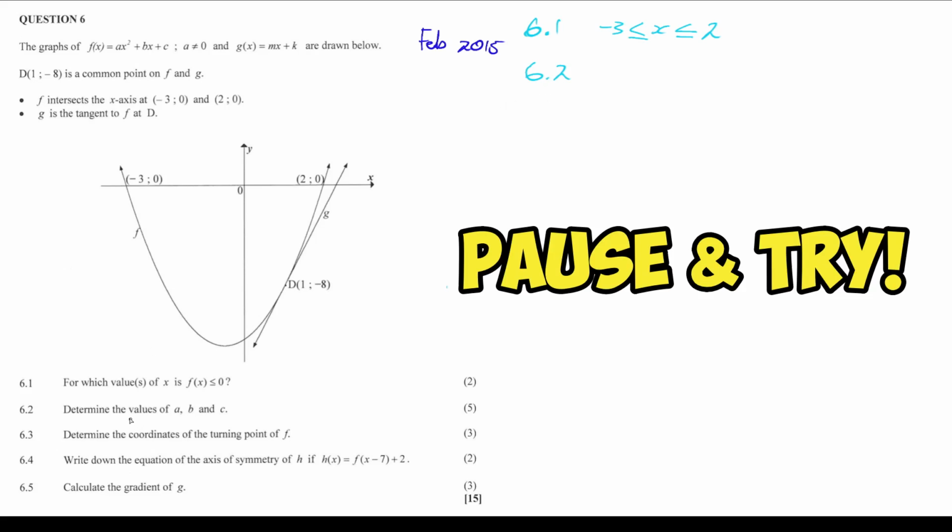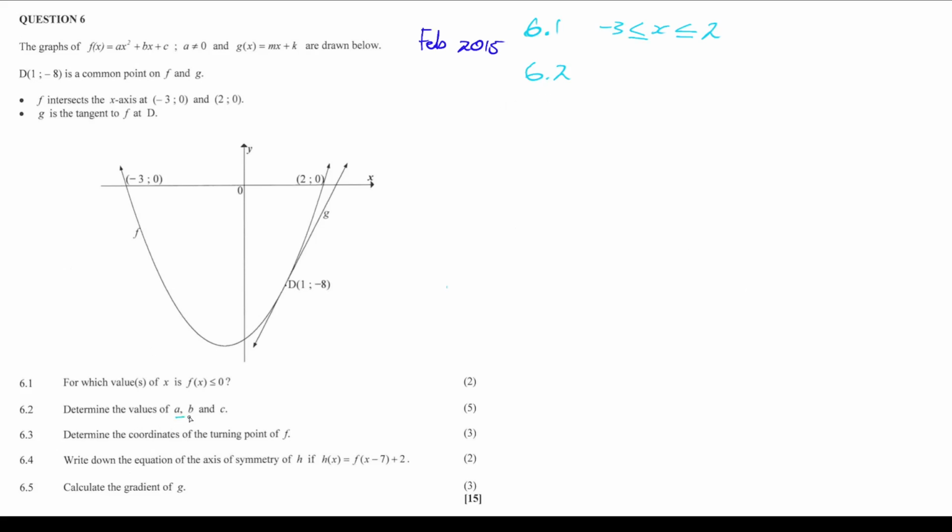6.2, determine the values of a, b, and c. If you watch my basic introduction to parabolas, you will remember that I said there is a formula for x-intercepts. They give me x-intercepts. So the formula I'm going to use is f of x equals a(x - x1)(x - x2). What do I substitute in?